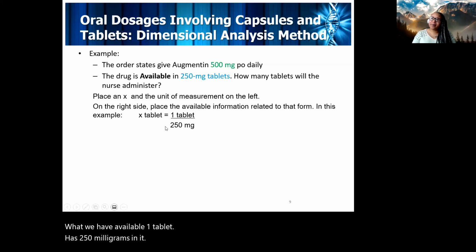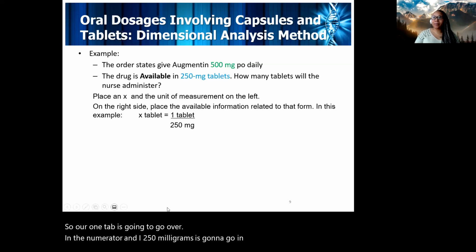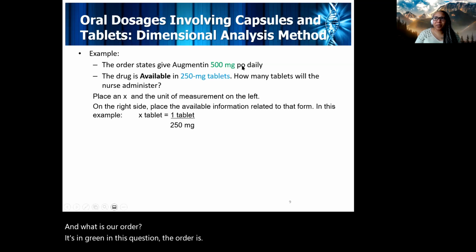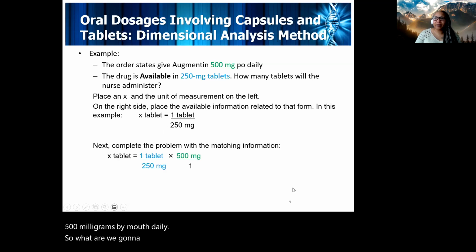So our 1 tab is going to go over in the numerator, and our 250 milligrams is going to go in the denominator. And what is our order? It's in green in this question. The order is 500 milligrams by mouth daily. So what are we going to put in the numerator? We're going to put 500 milligrams.